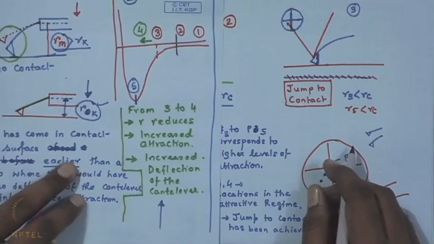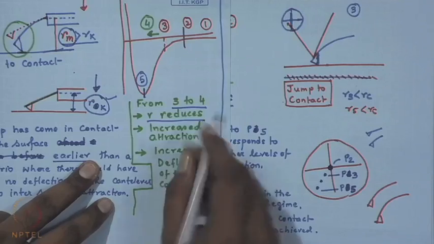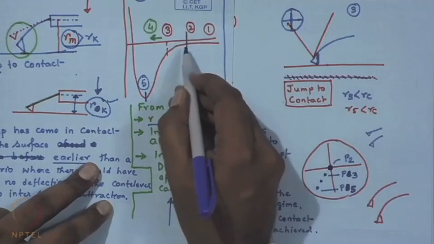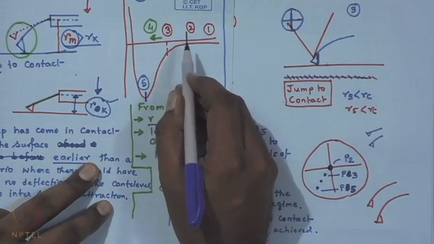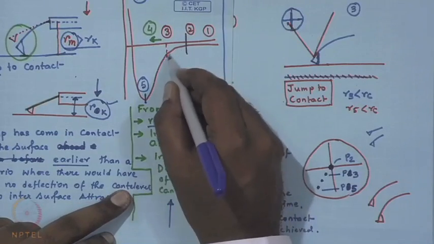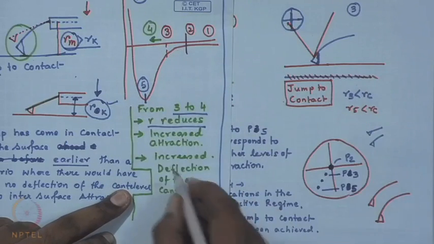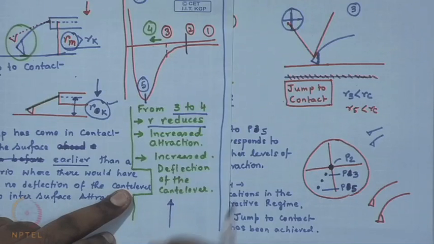So, here we wrote that from 3 to 4 or any point, R reduces, the separation distance between the tip and the sample surface progressively reduces, and consequently the attractive interaction increases, and this results in increased deflection of the cantilever. Okay. Up to this we wrote.